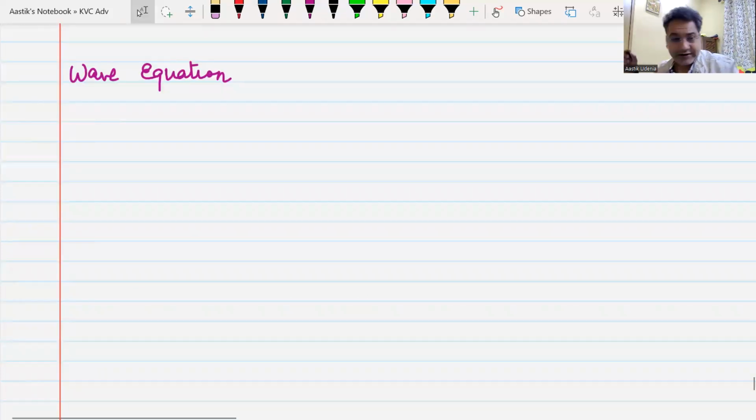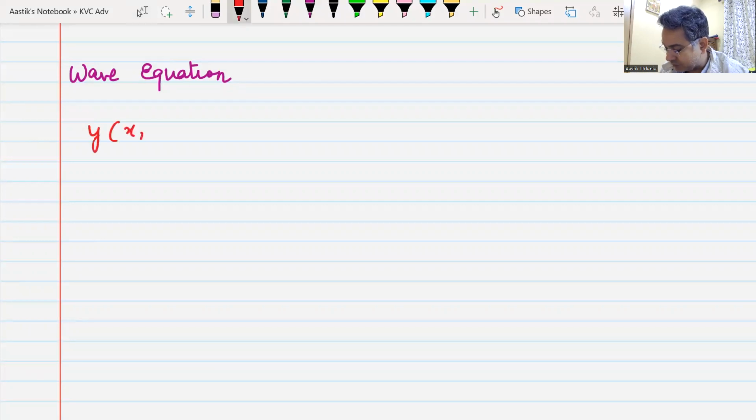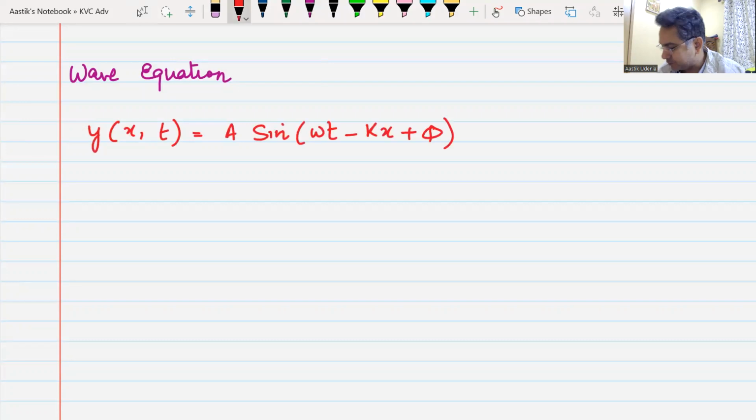Now, if I write a general wave equation, y will be written as a function of x and t, and in general form like this: a sine of omega t minus kx plus phi.